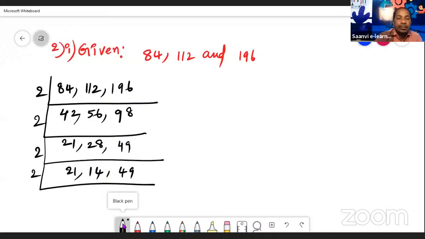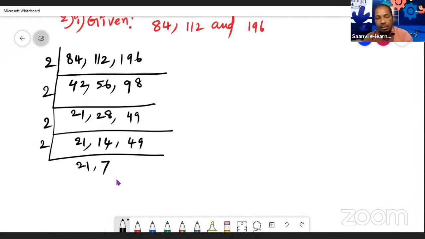Again two table you take. 21 is not possible with two table. But 14 is possible, no? Yes, 2 7s are 14. Again, this 49 also not possible with two table. Okay. Now here two table is completely not possible.